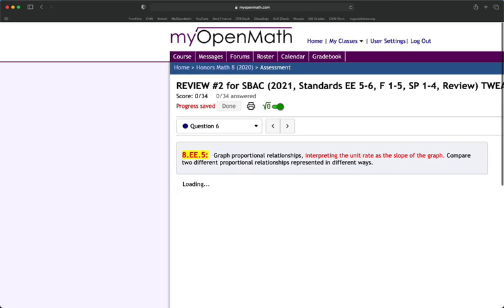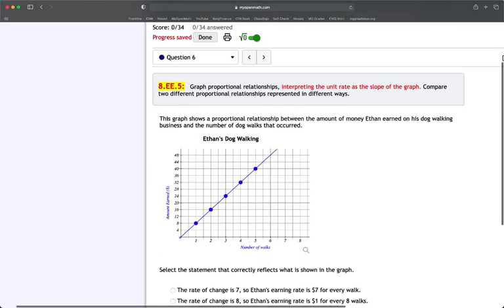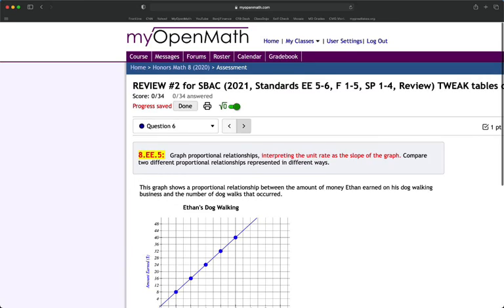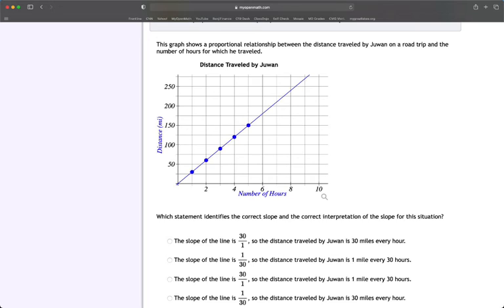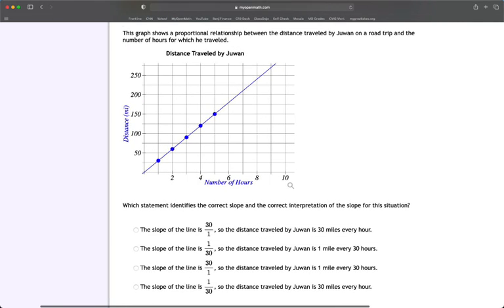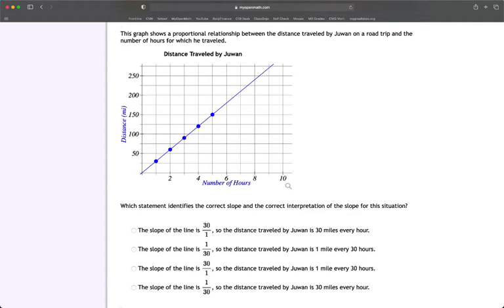Let's go to a different type of problem. This one looks very similar to the first one. So let's take a look at this one. Here we're basically considering the distance traveled by Juwan. So much like the previous problem, I'll first of all need to locate a perfect ordered pair.